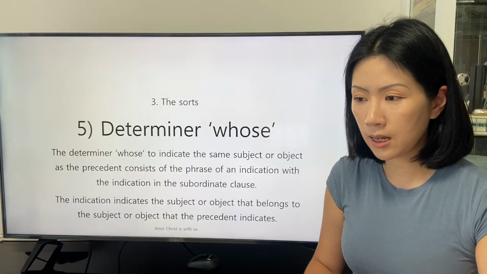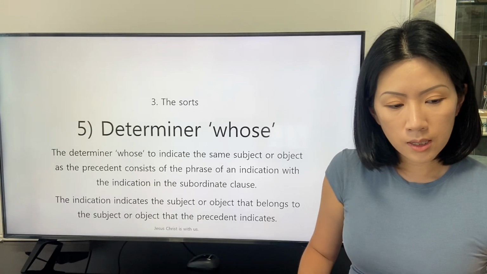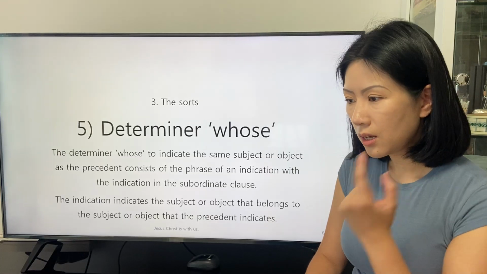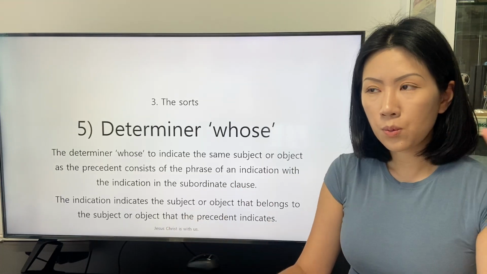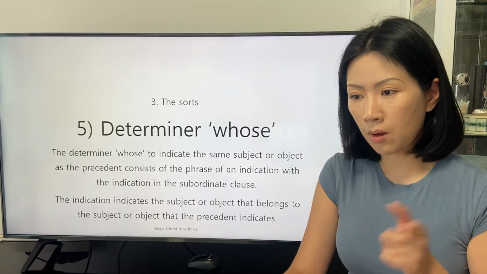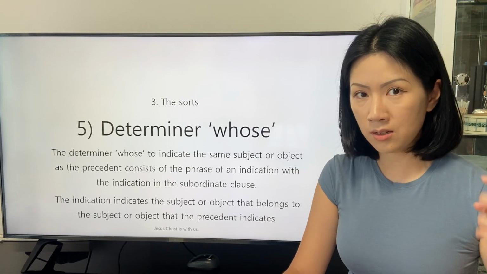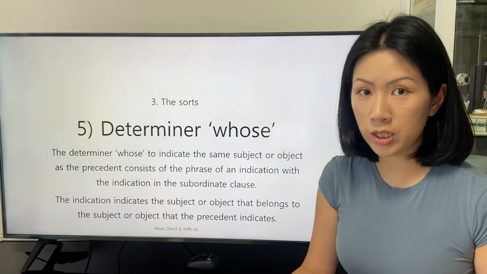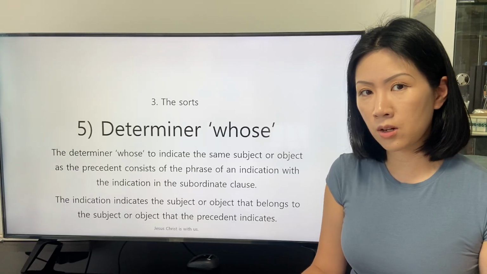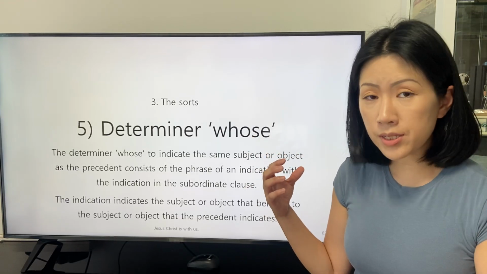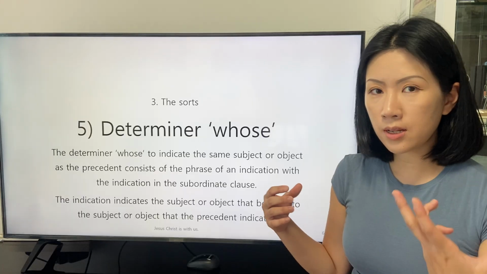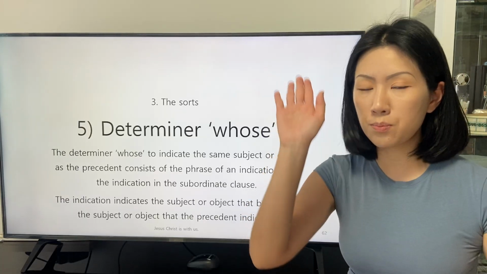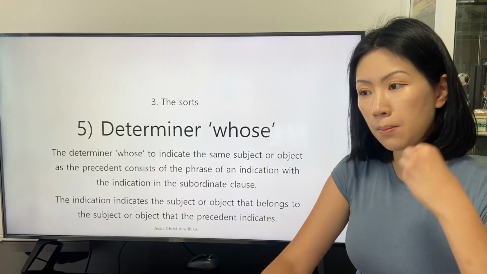I see a man, his son is smart. We find that the possessive determiner his in the second clause is replaced by the determiner whose, and the speaker sets the precedent as the shared indication in both clauses, the man.